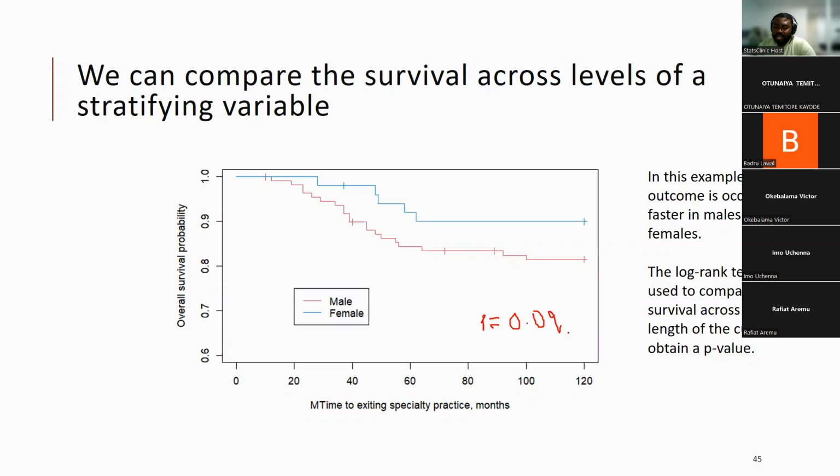Can someone tell us how you would interpret this p-value if you just saw the p-value like that in this plot? We talked about this in passing the other day. It was very quick, so this is an opportunity for us to really talk about it briefly.